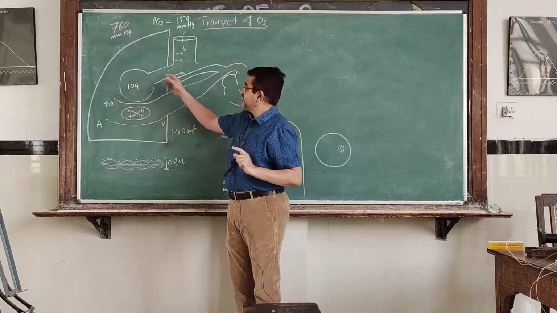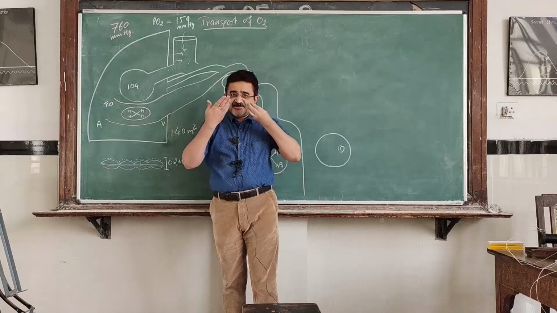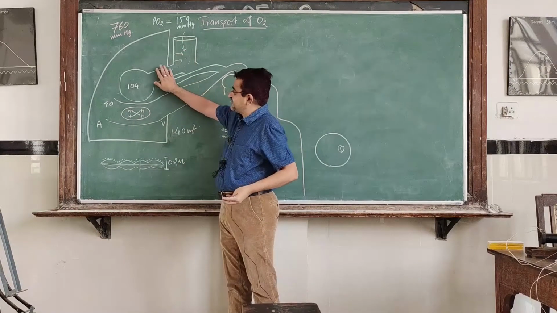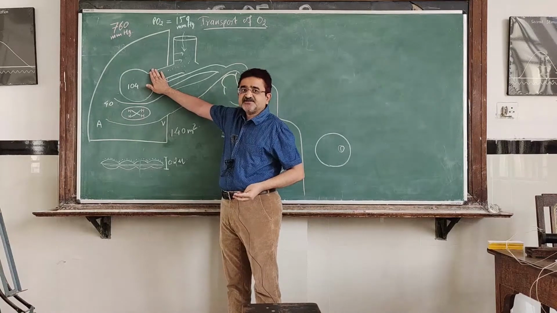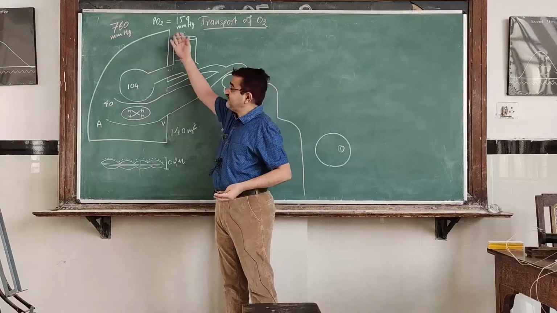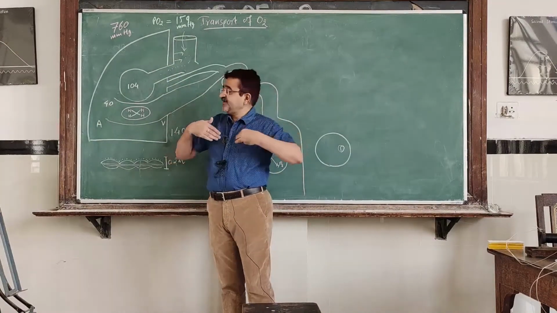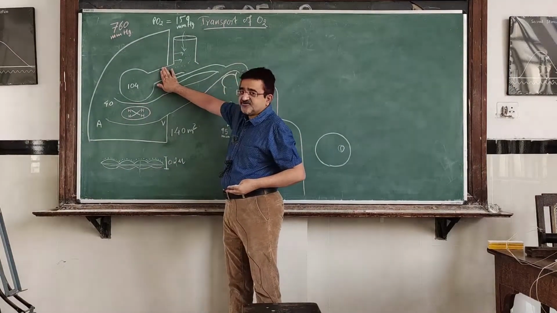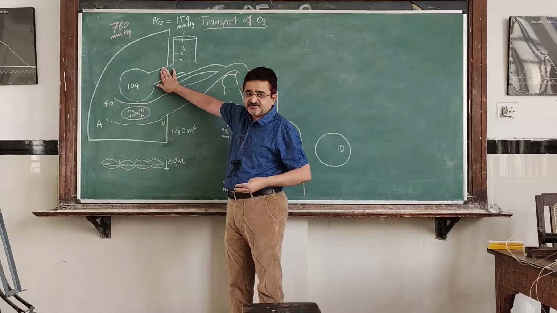Second reason, before we take the fresh air, air is already present in the conducting zone, that is the dead space, and when we take the fresh air, it mixes with the old air that is already present in this tracheobronchial tree.